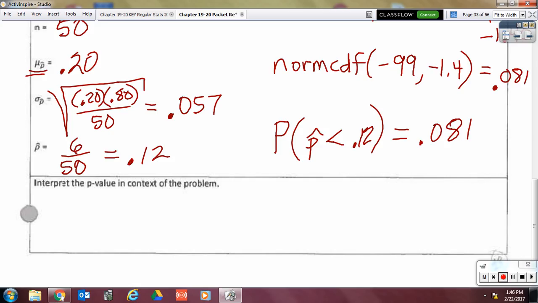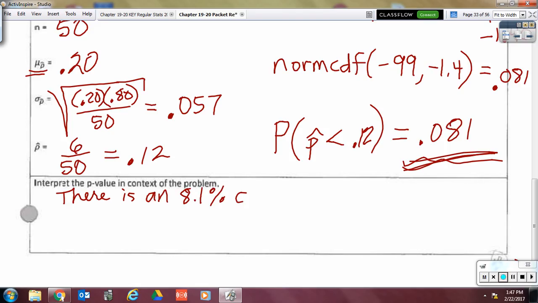Okay, so the p-value is the probability. How do I want to write that probability? There is a what? 8.1% chance. Whenever it says p-value is the probability, we're going to say there's a such and such percent chance. So there is an 8.1% chance.